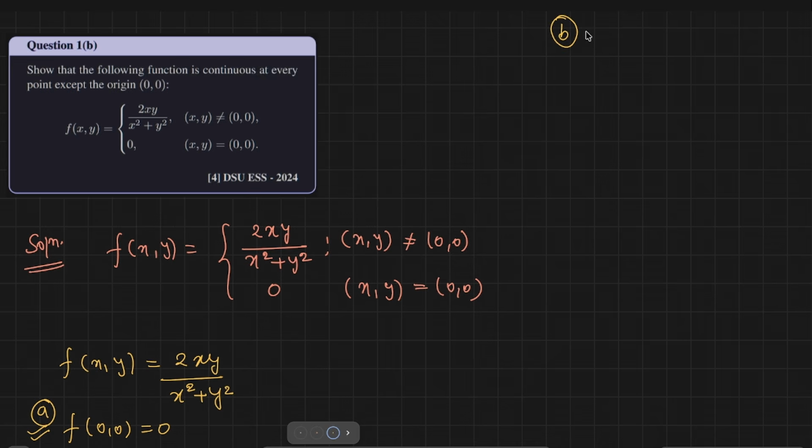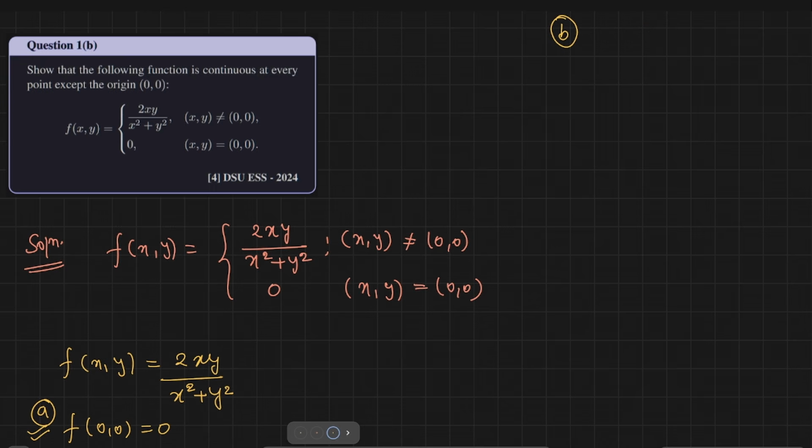You can apply the limit, you can take the path. Let's take the path y equals x, because how to take the path I explained. This is your denominator. Okay, so x square equals y square. You don't write this in the exam, you think in your mind x square equals y square, which means x equals y, so along this path.